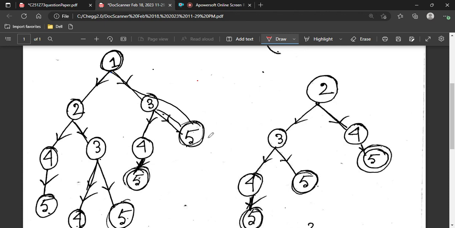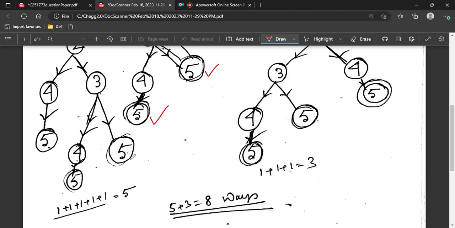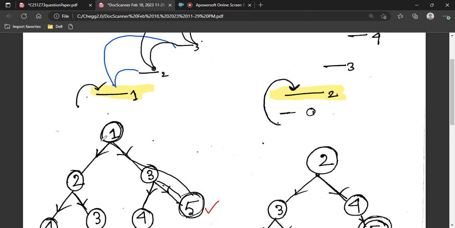So here you are going to 5, this is another way, this is another way, this is another way. So how many ways do you have in your hand? 1, 2, 3, 4, 5, right? So 5 ways you are getting when you are going from ground to stair number 1.